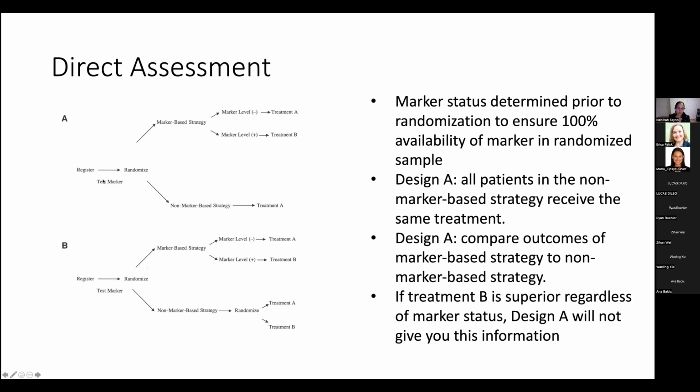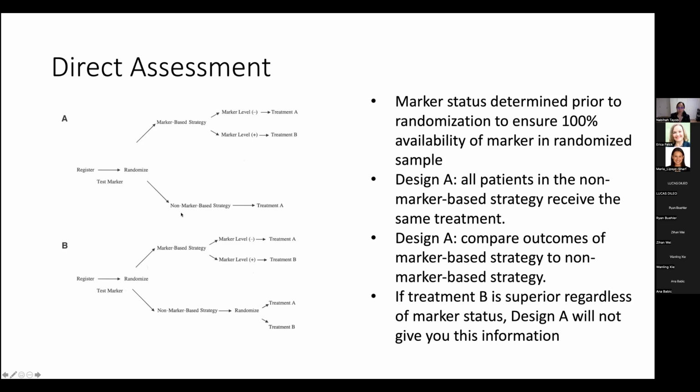You may want to make sure everything's blinded, for example, to ensure completeness of your data at the end of your trial. So the first option for their design is that in the marker-based strategy, everybody who's negative receives standard of care. And in the positive biomarker group, they'll receive, let's say, the targeted therapy.